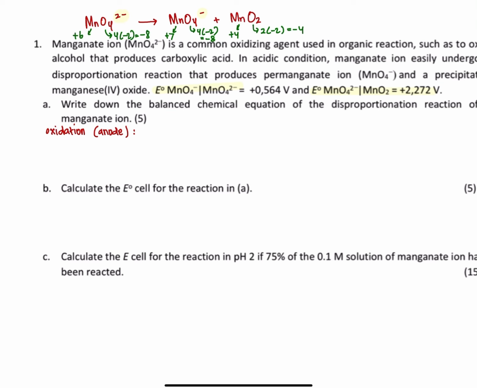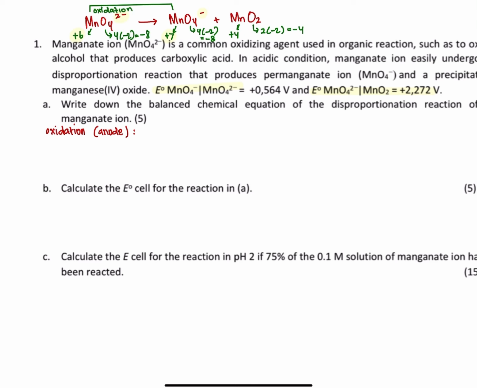Now we can decide which one undergoes oxidation and which one is the reduction. For example, in the beginning we have manganese +6, and in the permanganate ion it becomes +7, so it's an increase of oxidation number. So in that case we have oxidation. I'm going to mark here, this one is oxidation.